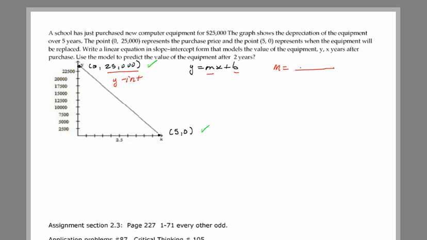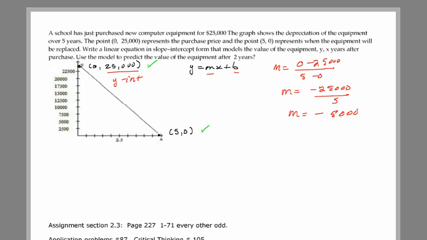y2 minus y1 will be 0 minus 25,000 over x2 minus x1, which will be 5 minus 0. So negative 25,000 over 5 divides out to give me negative 5,000. So there is my slope.